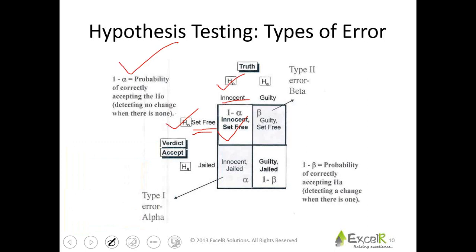In some scenarios, the person might be innocent, but you might make a mistake of sending him to jail. You might make such mistakes. That mistake is type 1 error, alpha. So normally you consider alpha to be 0.05.